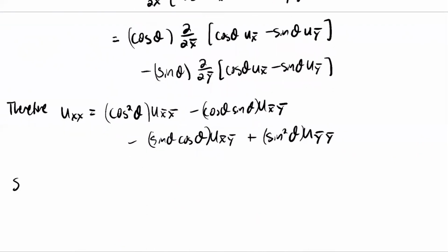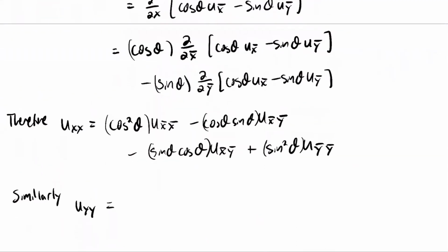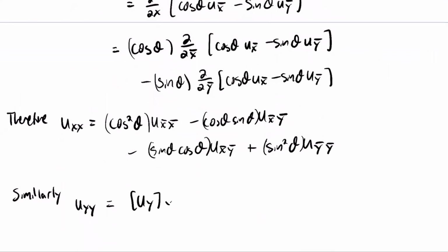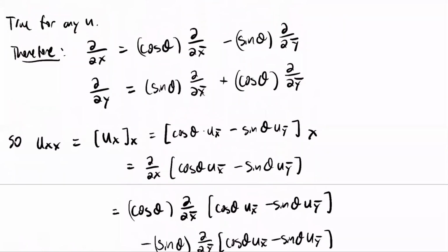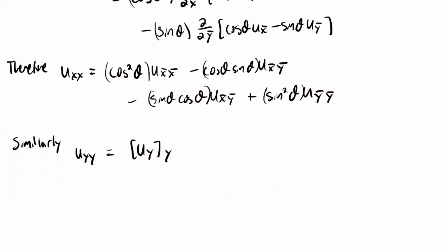Similarly, we can calculate the second derivative with respect to y. We have u_yy, and we already calculated u_y, so this is just the derivative of u_y with respect to y again. Let's plug in the formula we had for u_y, which was up here: sine theta u_x bar plus cosine theta u_y bar. So this is d/dy of sine theta u_x bar plus cosine theta u_y bar.